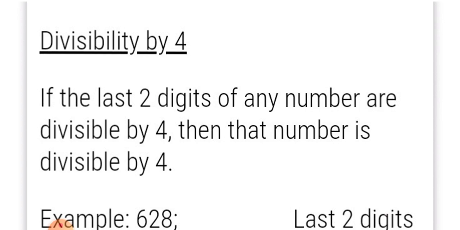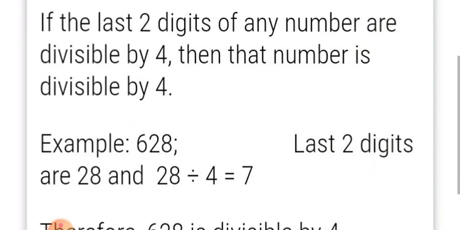So if a 3-digit number is given to you, then you have to check the last two digits, that means the ones place and tens place. So take those two digits and divide that number by 4. If that is divisible, then the whole number will be divisible by 4.